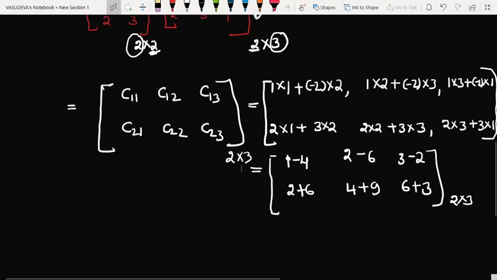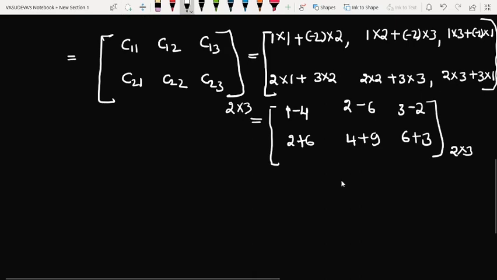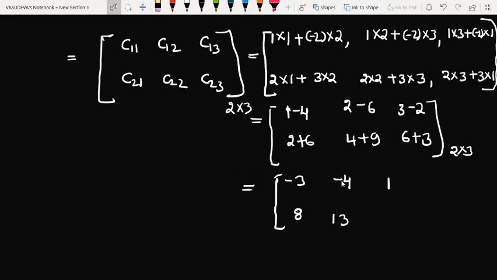And finally we arrive at the result: 1 minus 4 is minus 3, and minus 4, and 1, 8, and 4 plus 9 is 13, and 9. So this is the final matrix.